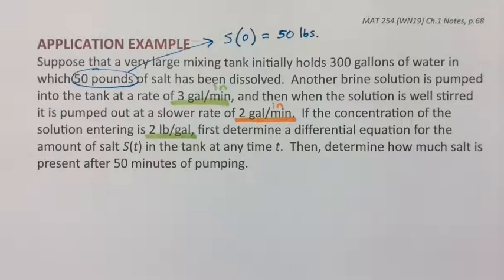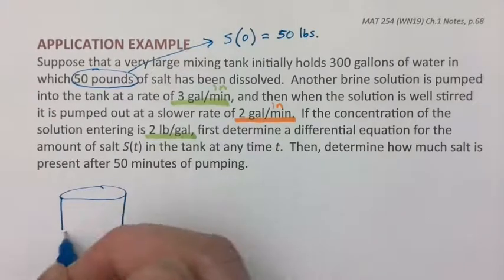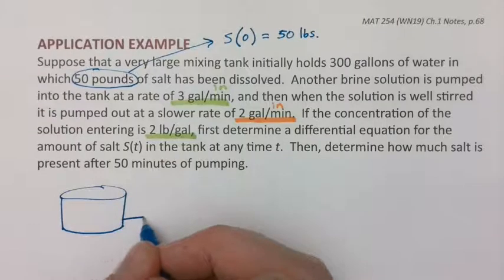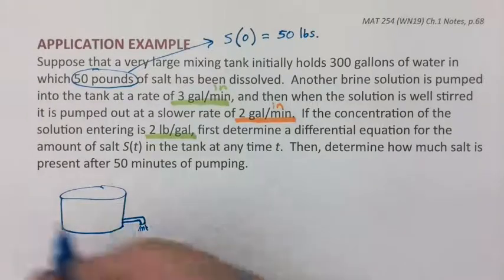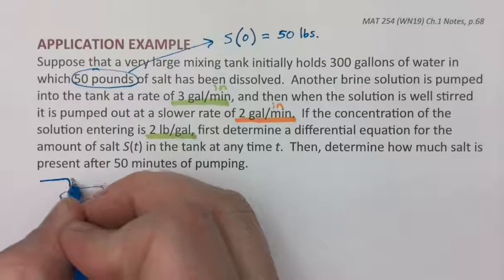So we have this idea of inflows and outflows, and one of the nice moves here with these types of problems is to just kind of draw a general picture of what's going on. And I'm no artist, but I'm just going to kind of draw a general shape of a tank. I'm going to have a little make-believe pump that kind of flows out, and there's all kinds of stuff flowing out of that. And then I've also got an inflow pump, just kind of dropping liquid into this thing.